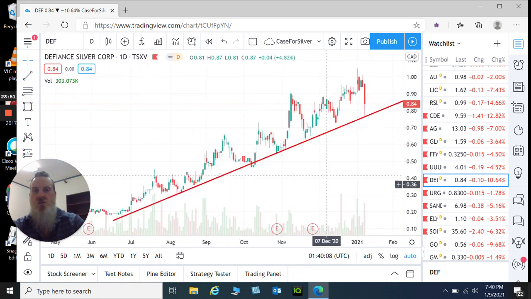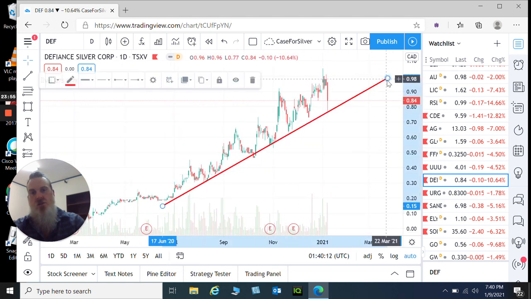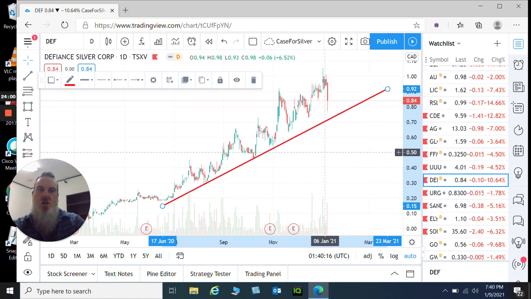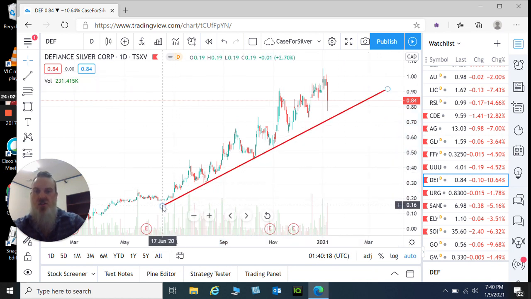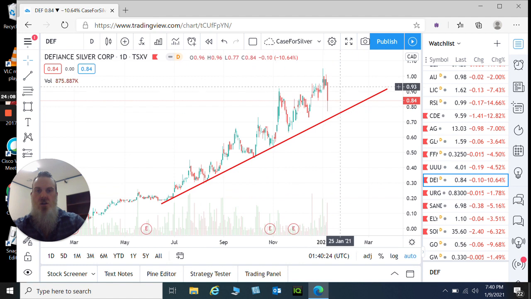So on the monthly chart, this is what I'm looking at here. It's not perfect, my line here. I'm not looking up there, I'm looking down here. I'm looking at 1, 2, 3, 4, 5 touches. We came down, went up. If I want to buy this thing, where would I want to go?